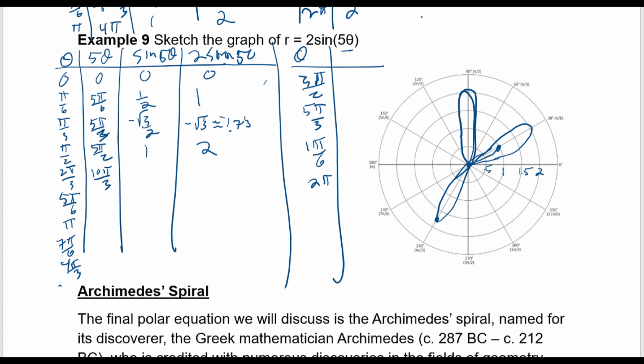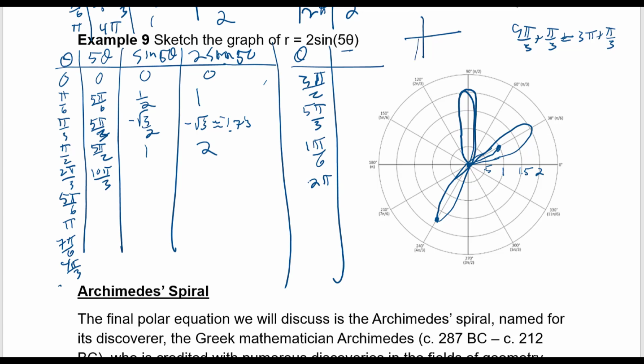2 pi over 3, 5 times that's 10 pi over 3. I got to think about that for a second. 3 goes into 10, so what are we looking at? 9 pi over 3 plus pi over 3. So it's going to be 3 pi plus pi over 3.